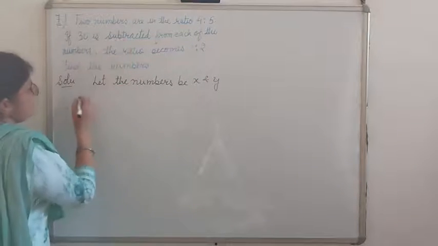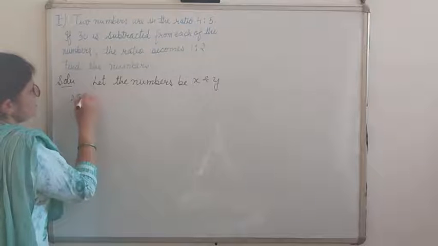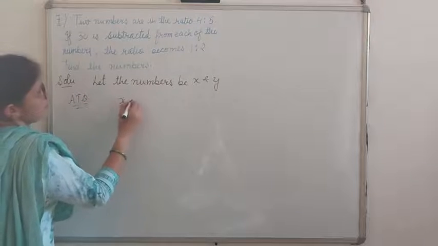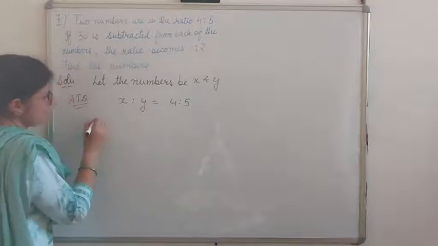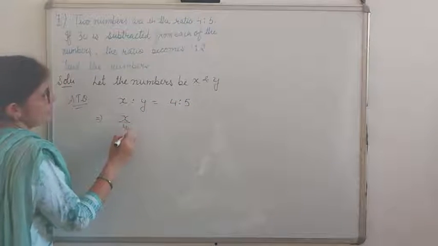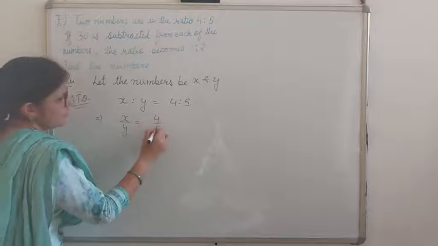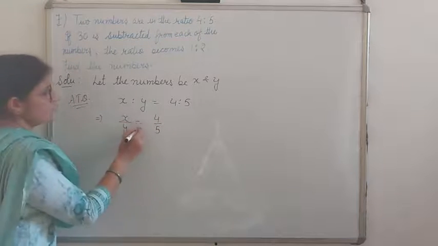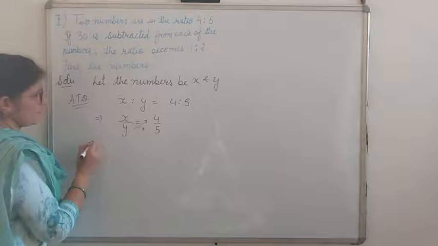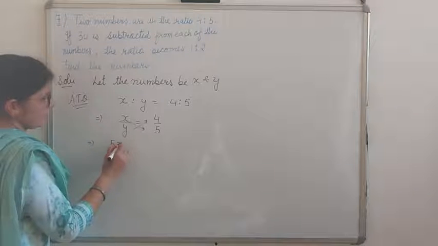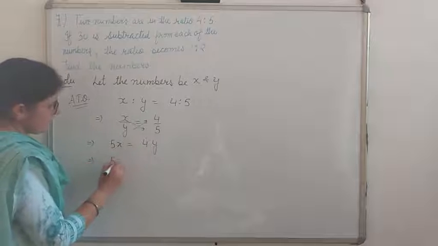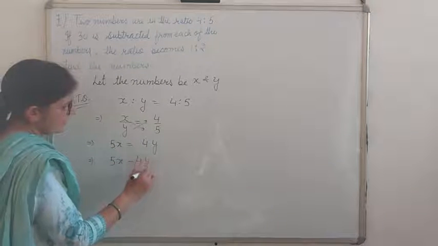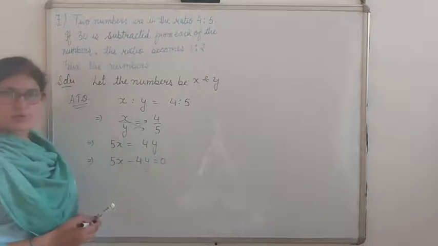According to the question, x ratio y is 4:5. That means x over y is equal to 4/5. We do cross multiplication: 5x is equal to 4y. That means 5x minus 4y is equal to 0.